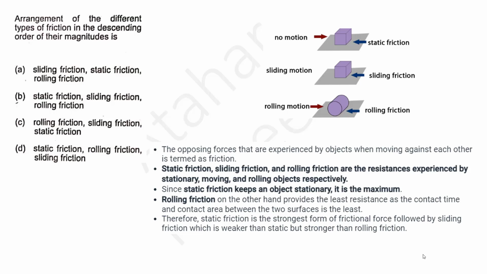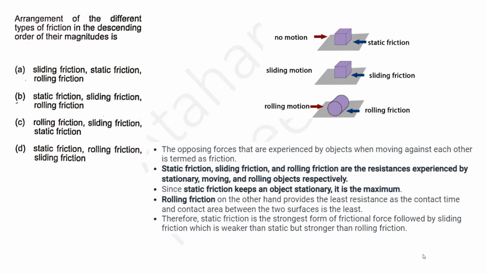This friction has everything to do with the contact area. In the first case, static friction, the box is fully put on the floor, right? The entire face of the box is in contact with the floor. So here the static friction will have more force. That's why it is not allowing the box to move. In the second case, it is sliding. That means the contact has become a little less, right?